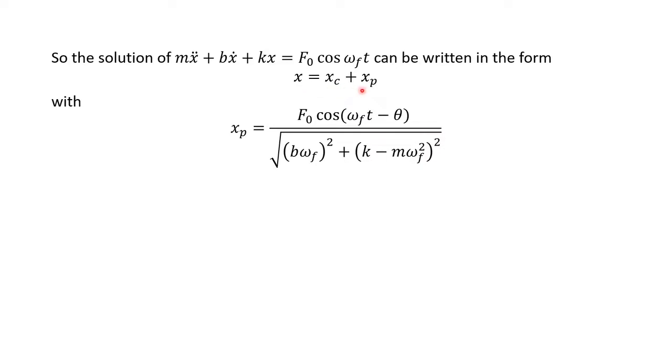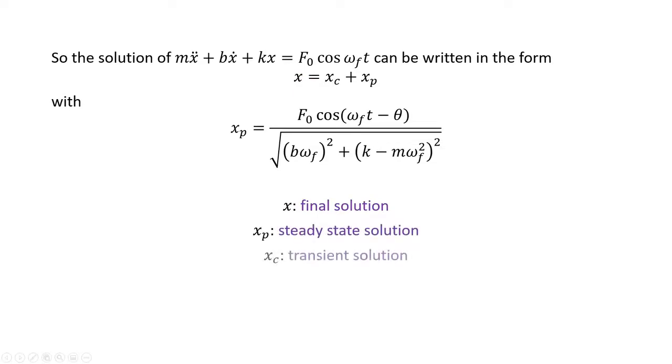Now, these terms have names. This technically is referred to as the complementary solution, but in this case, where x is called the final solution, xp is called the steady state solution, and this xc is called the transient solution. Transient because it goes away. Remember for chapter 3, all three cases we looked at were functions that eventually go to 0.